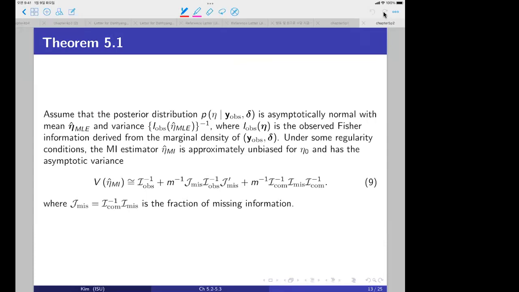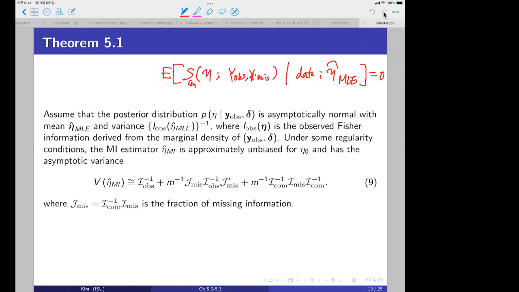Your question is something like this: S com, why obs, why miss, and then you have the data and eta hat MLE, for example.